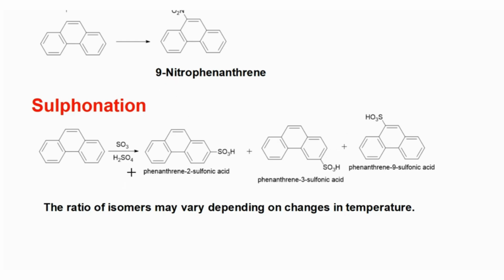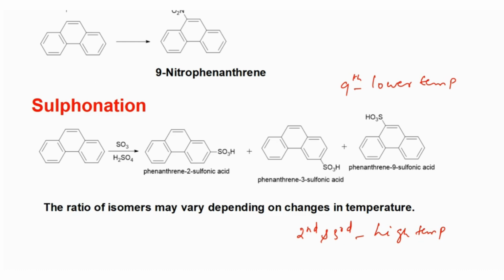Please remember that it is temperature dependent: the 9th position is always favored by lower temperature, and the 2nd and 3rd positions are always favored by high temperature. So these are about the sulfonation reaction.